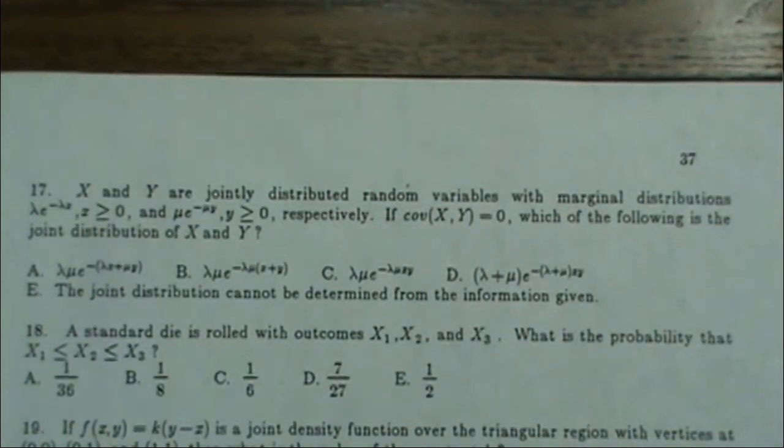Problem 17. X and y are jointly distributed random variables with marginal distributions as defined, respectively. If the covariance of x and y equals 0, which of the following is the joint distribution of x and y?